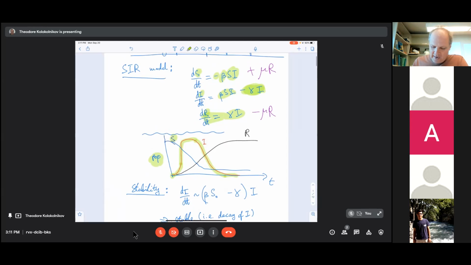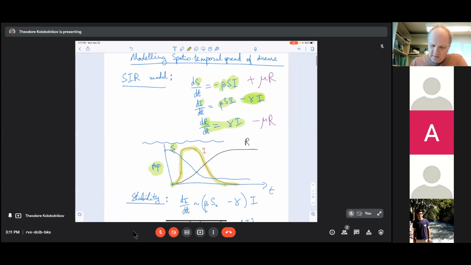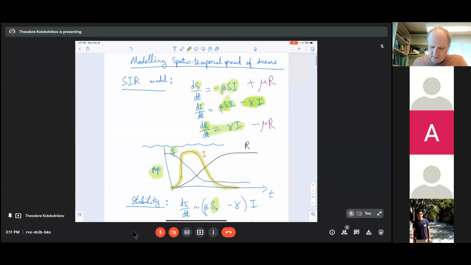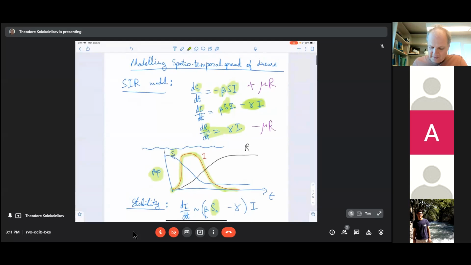Okay, so one thing to point out is that at the onset of the outbreak, the number of infected is very small, and so if I can just replace this S here by just the initial value S0, then I get basically a linear growth model for the number of infected.